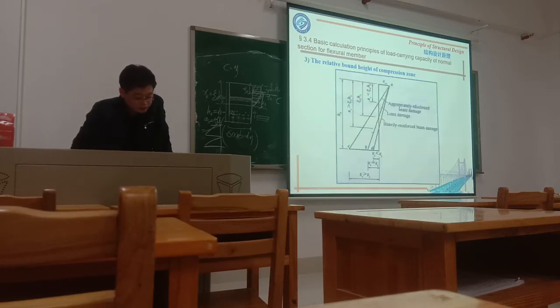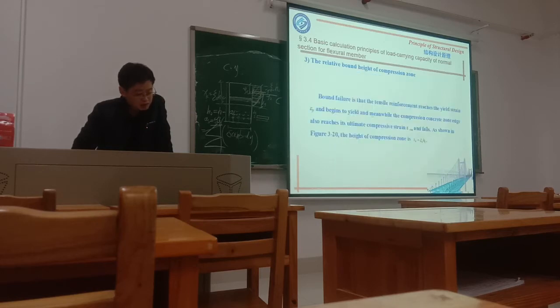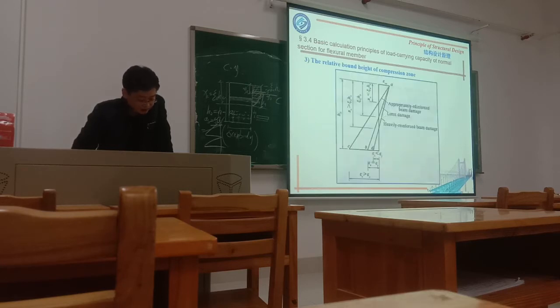For this AB line, CB H0, if the compression zone height is like this, that's the boundary failure. At this point, the tensile reinforcement reaches the yield strain epsilon y.